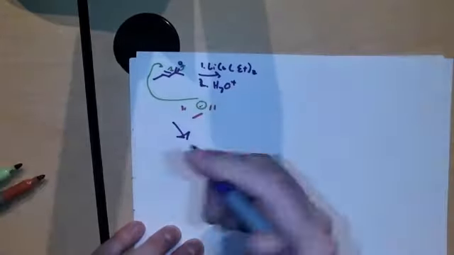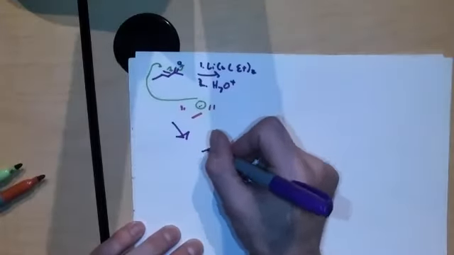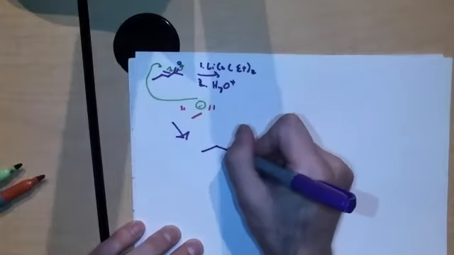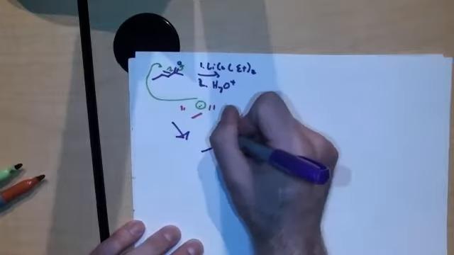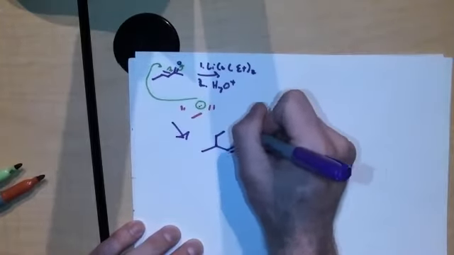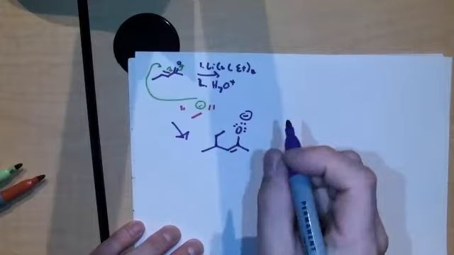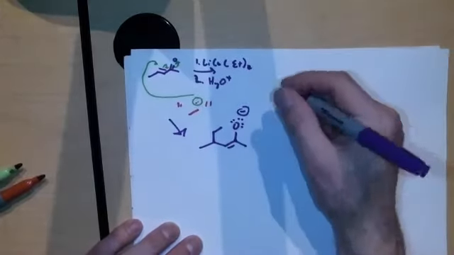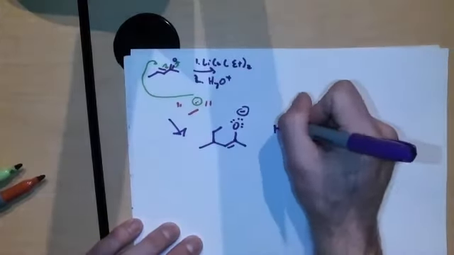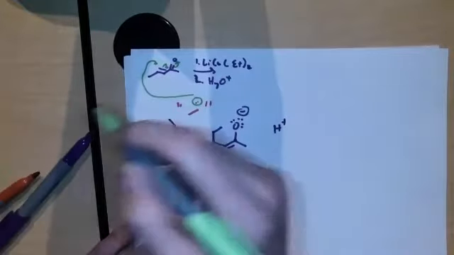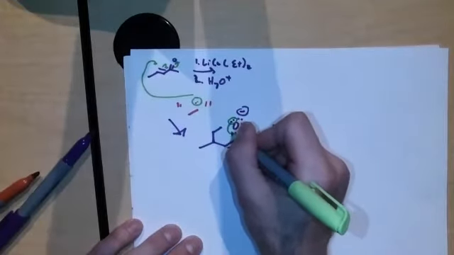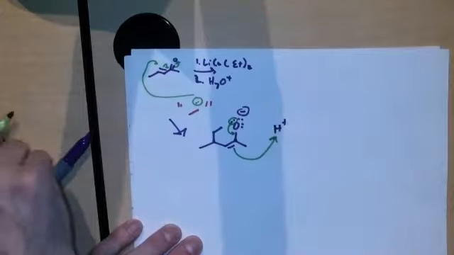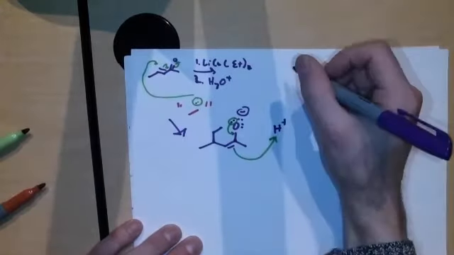This will let us generate our alkylation product, which we can then reform our carbonyl and protonate, to generate our final product.